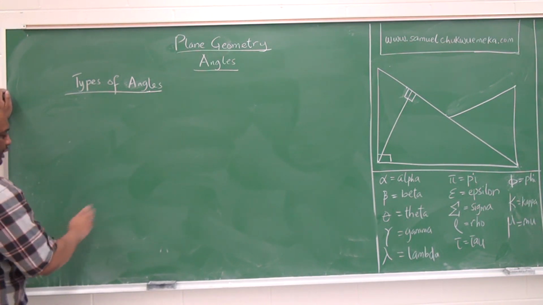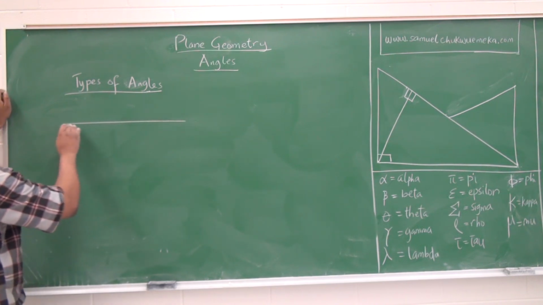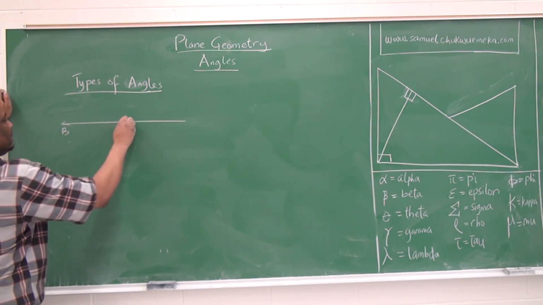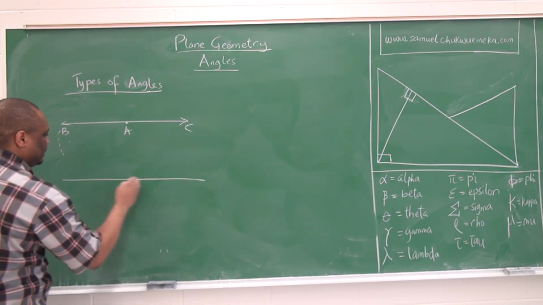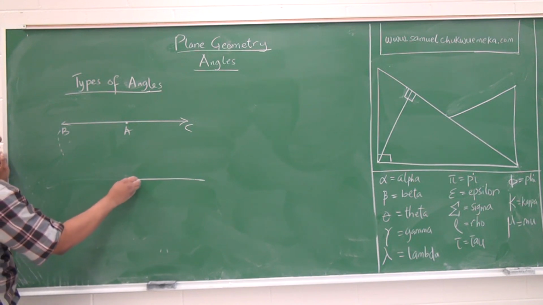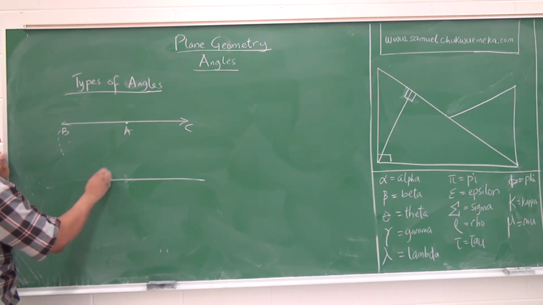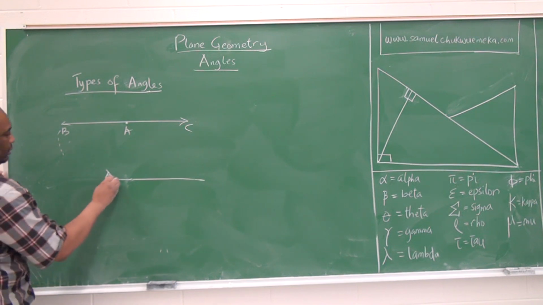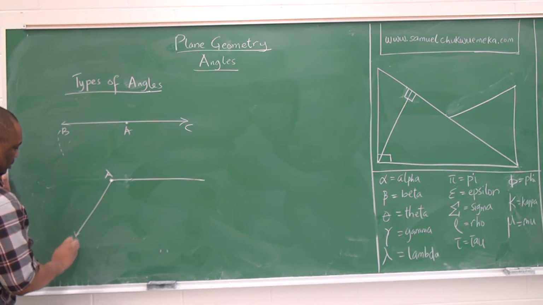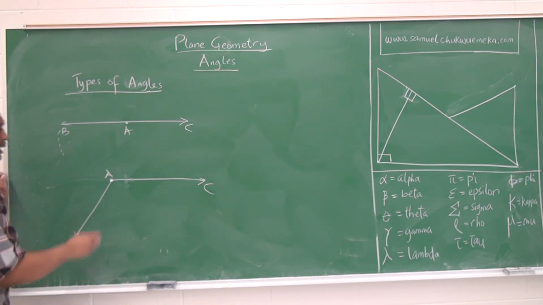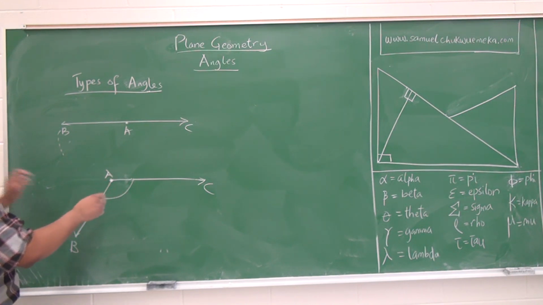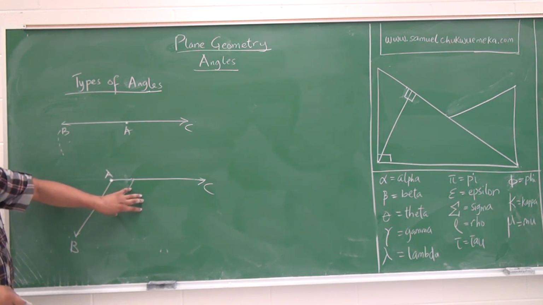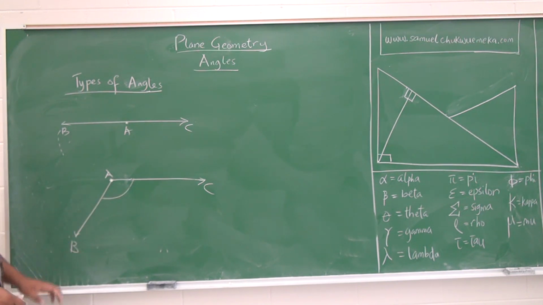Assuming we keep bending B, you know it was straight, and this is our B, this is A, this is C. If we keep bending B, then we'll have something that looks like this. We'll have this as A, this as B, and this will be C. This is still obtuse, you know that, if we talk of the interior angle.